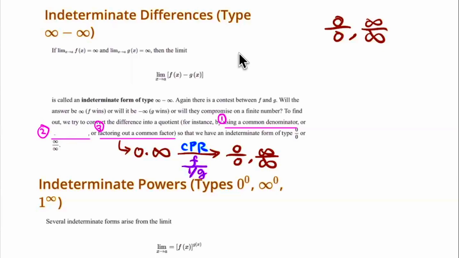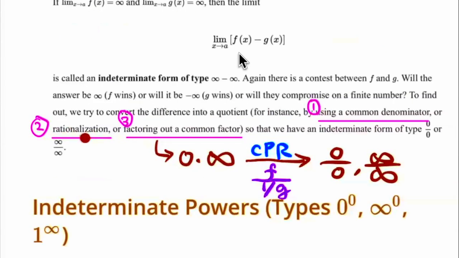Do you guys remember? Rationalizing. So suppose this one over here has a radical, subtract a radical. What does rationalizing mean? You're going to multiply by that radical adding a radical, so they are conjugates.